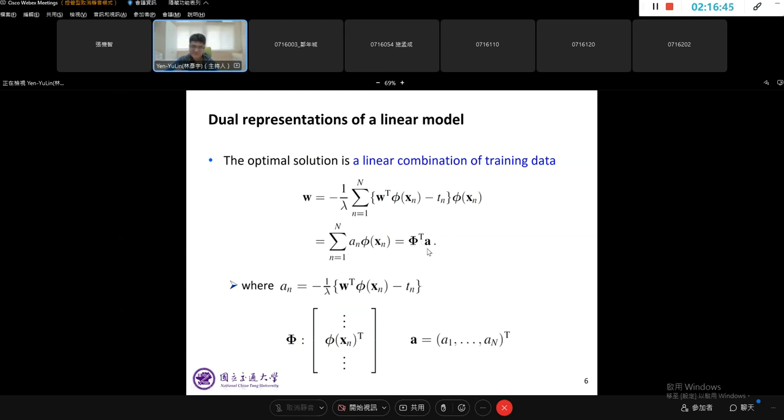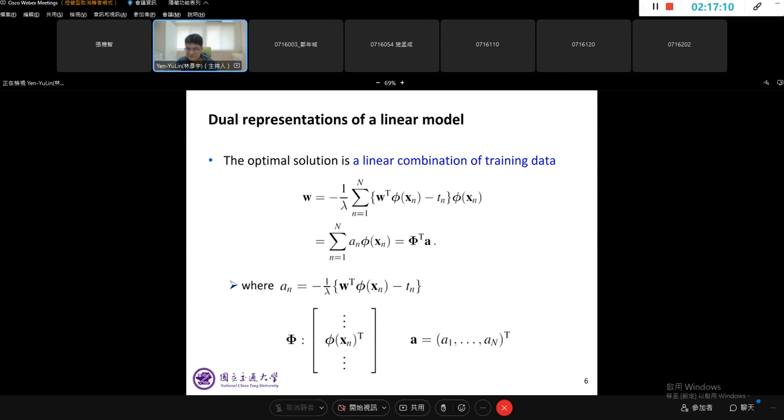After analysis, we can realize that the optimal solution of W is a linear combination of training data, and it can be compactly represented in this form. Phi is the collection of training data. It is not a learnable parameter.